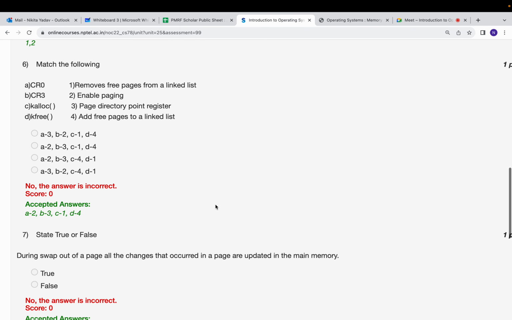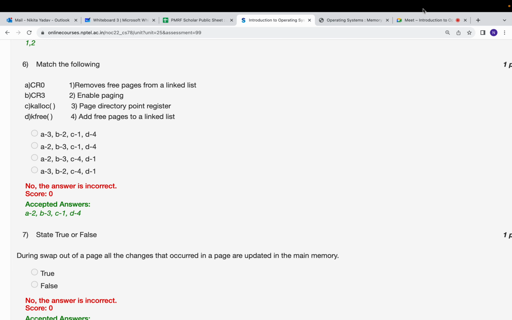Okay, then this statement is true or false. It is saying that during swap out of a page, all the changes that occurred in a page are updated in the main memory. It's true or false? It is true, ma'am.